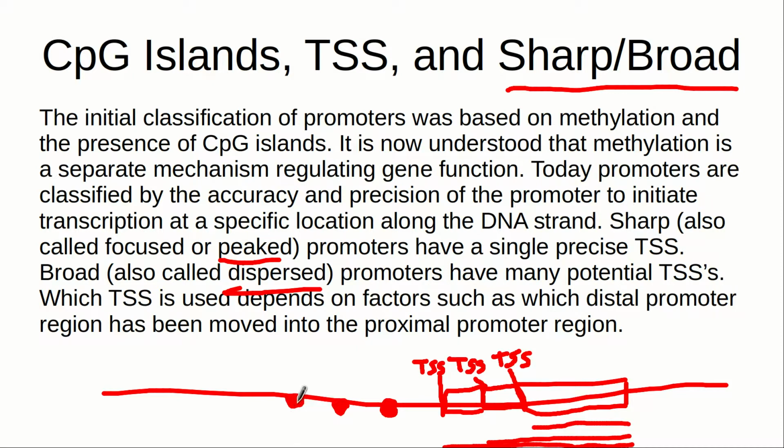And so what that means is a gene may have multiple places that RNA polymerase can actually bind and functionally make an RNA. In other words, there's not just one core promoter. You end up with 3 core promoters, and if this is the nature of your gene, then you have what's called a broad or dispersed promoter.